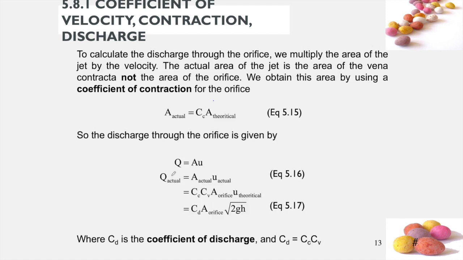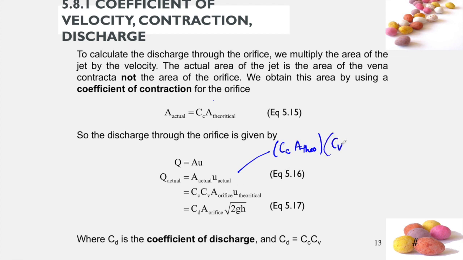So we substitute, we will get CC times A orifice, and then CV times U orifice. A actual is CC times A theoretical, or A orifice is A theoretical.